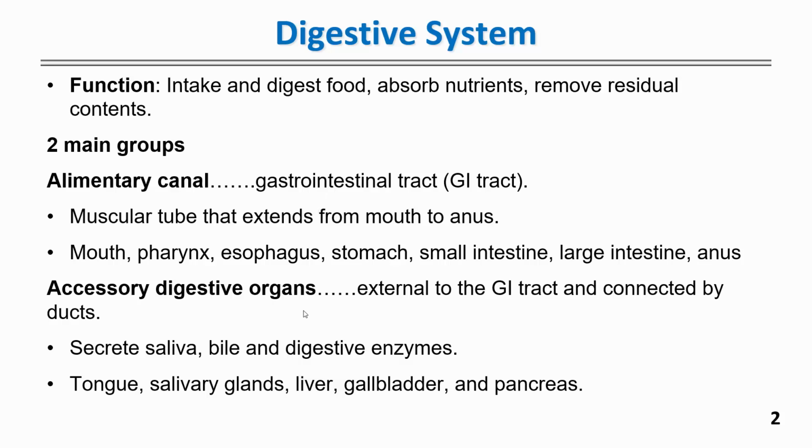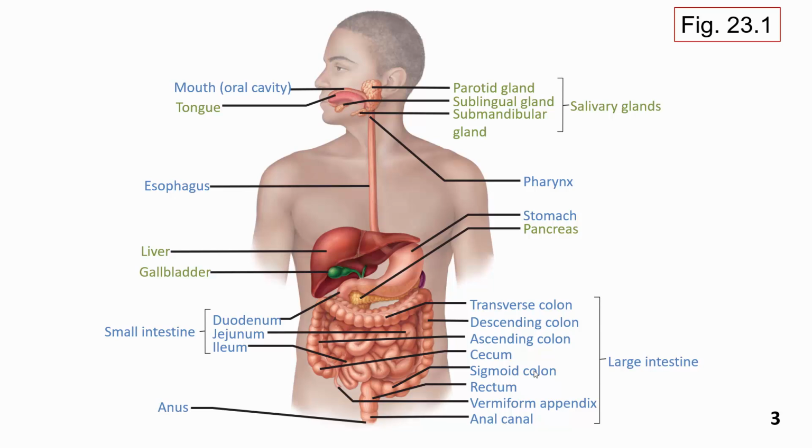And so the organs here that make up these accessory structures include the tongue, the salivary glands, the liver, gallbladder, and the pancreas. So just to review some of these major anatomical structures of the digestive system, of course, we take food in through the oral cavity, and the tongue will assist with the mechanical digestion of that food, but the chemical digestion of that food is assisted by the salivary glands.